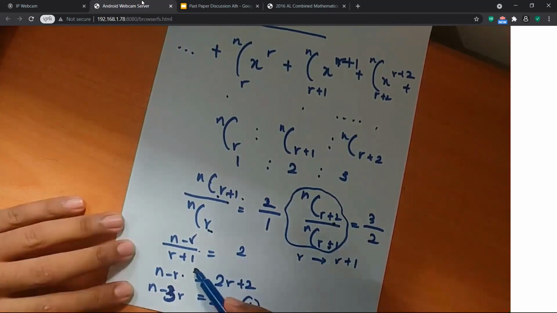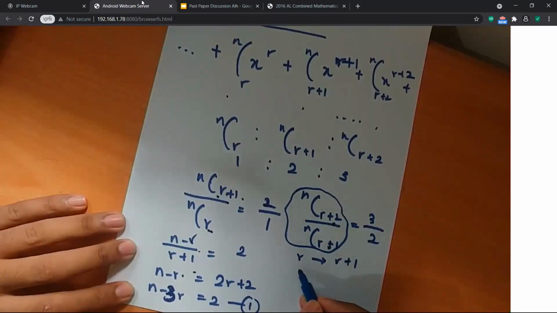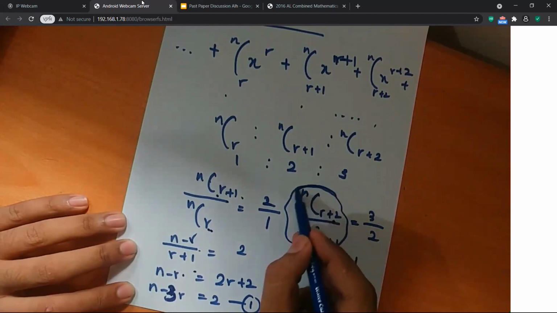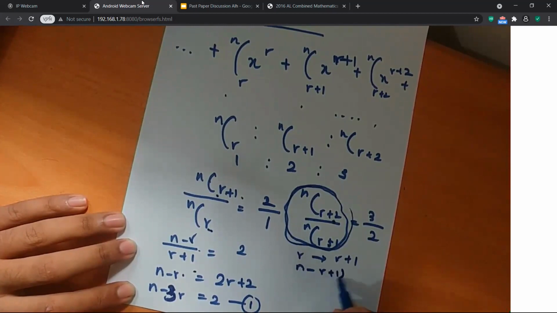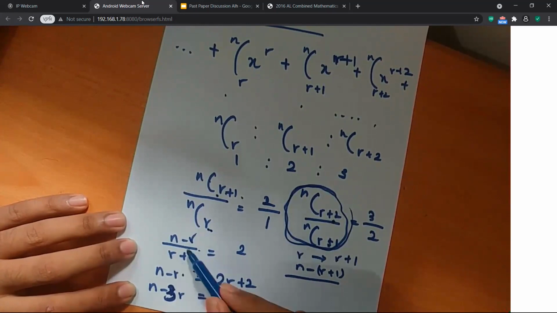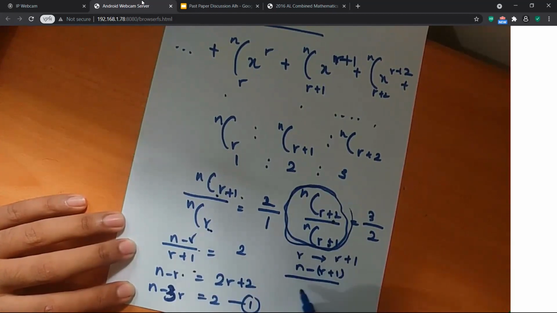So n minus (r plus 1) over r plus 1 plus 1 is equal to 3 over 2.